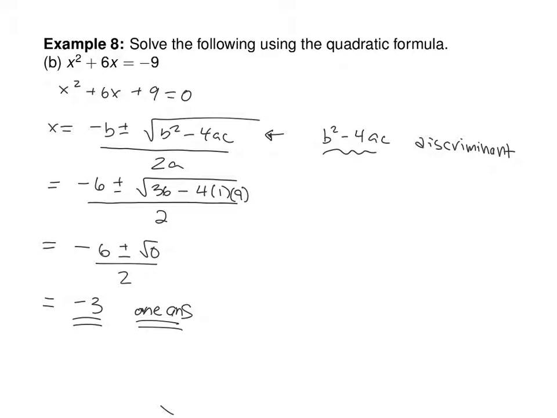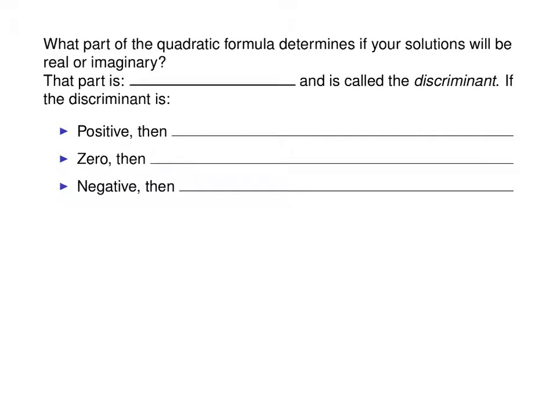Okay, so that's what some questions are going to ask you to do, is just tell me how many answers and what kind. Does it make sense that the one answer will always be real? Because the square root's always going to be 0, so no i's are going to happen there. So which part determines if your solutions are going to be real or imaginary? That part is the b squared minus 4ac, and it's called the discriminant.